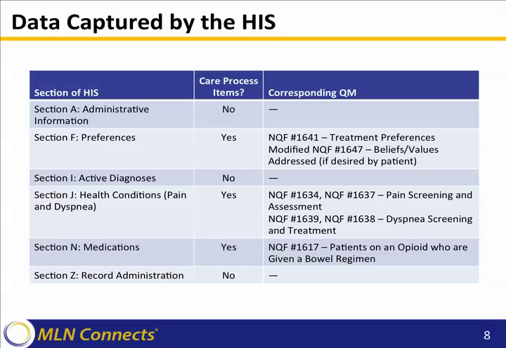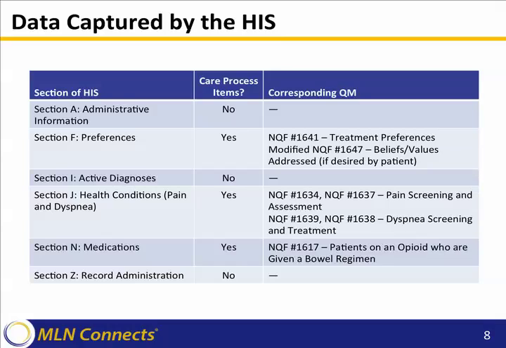There are 6 sections in the Hospice Item Set. 3 sections: Section A, Administrative Information, Section I, Active Diagnoses, and Section Z, Record Administration, contain administrative items that are primarily used for record matching and patient identification.